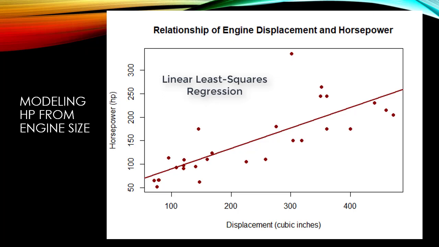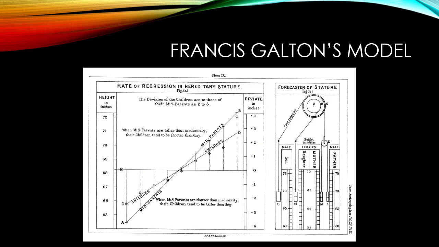But where does the term regression come from? We must rely on history to answer that question. Sir Francis Galton was an English scientist who, among other things, is one of the fathers of statistics. In 1886, he published a paper in which he showed the results of his study of the relationship of the heights of parents to the heights of their children.